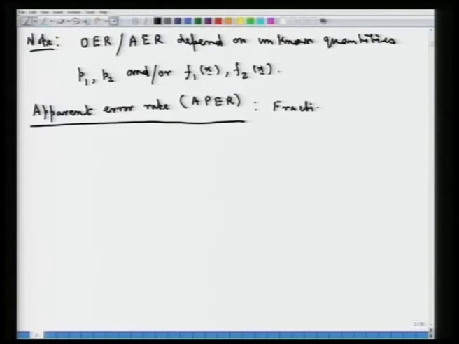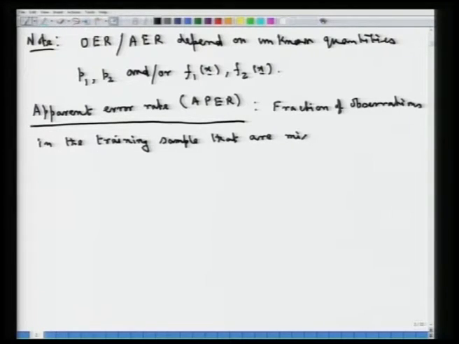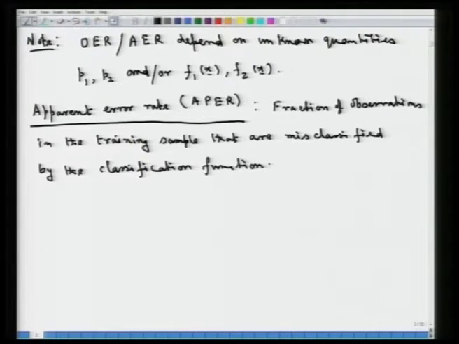Now, this is going to be defined as the fraction of observations in the training sample, because that is what we have in the training sample, that are misclassified by the classification rule or the classification function. Now, how is that going to be defined?